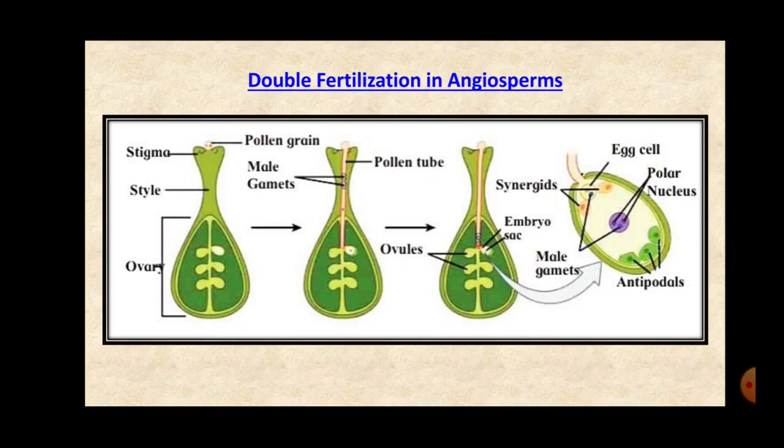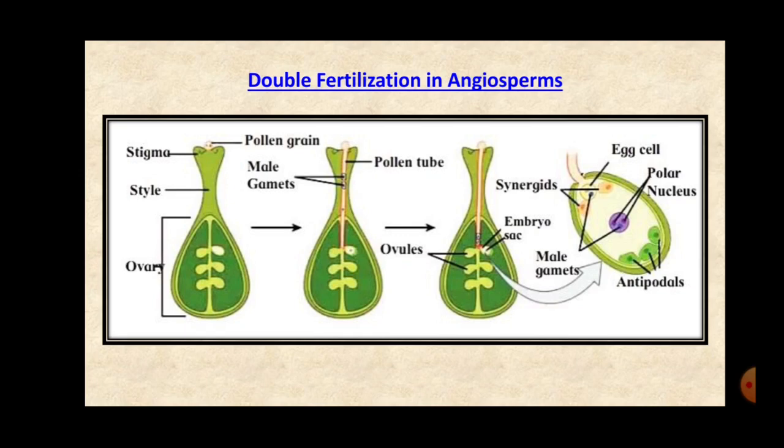Now this is actually a quite long and complicated process which you will study in your higher classes, if you take science: how these synergids and antipodals help in the release of the polar nuclei and formation of the zygote as well as the endosperm.